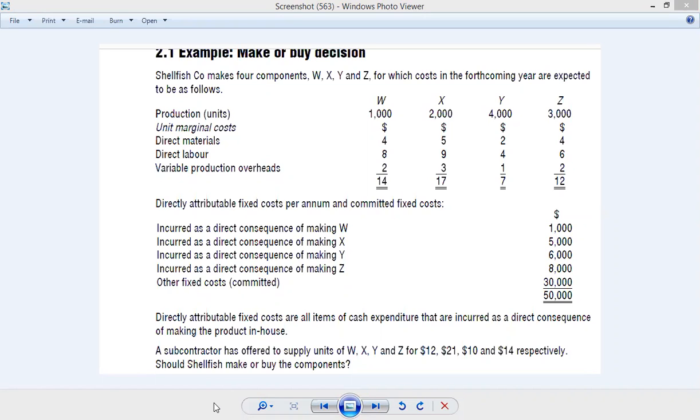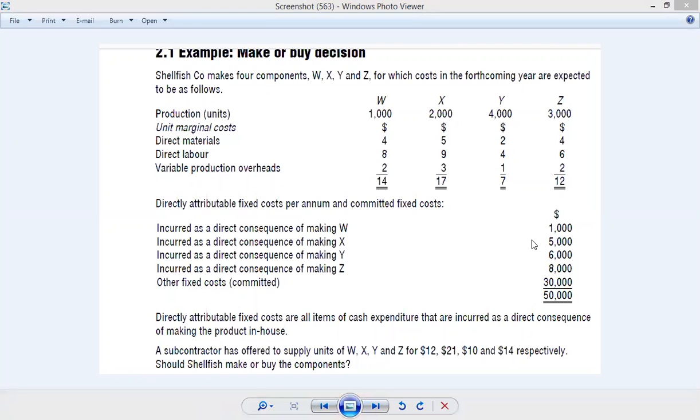Let's start. Shellfish makes 4 components W, X, Y, and Z, for which costs in the forthcoming year are expected to be as follows. Production units: 1,000, 2,000, 4,000, 3,000. Unit marginal cost.